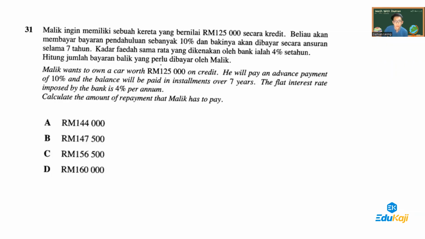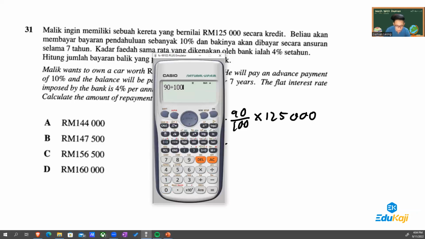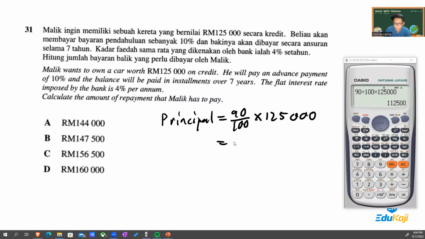The advance payment of 10% means the loan principal is only 90% of the 125,000. So let's count that first. So it's 112,500.